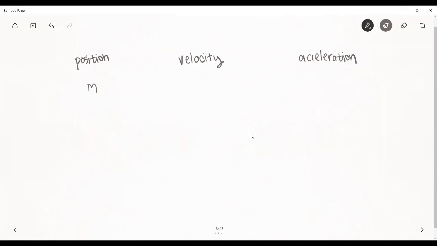If you think of miles per hour, miles represents some sort of distance, right? And this represents time. So in physics, our units would be a distance, which is meters, over some sort of time, seconds.